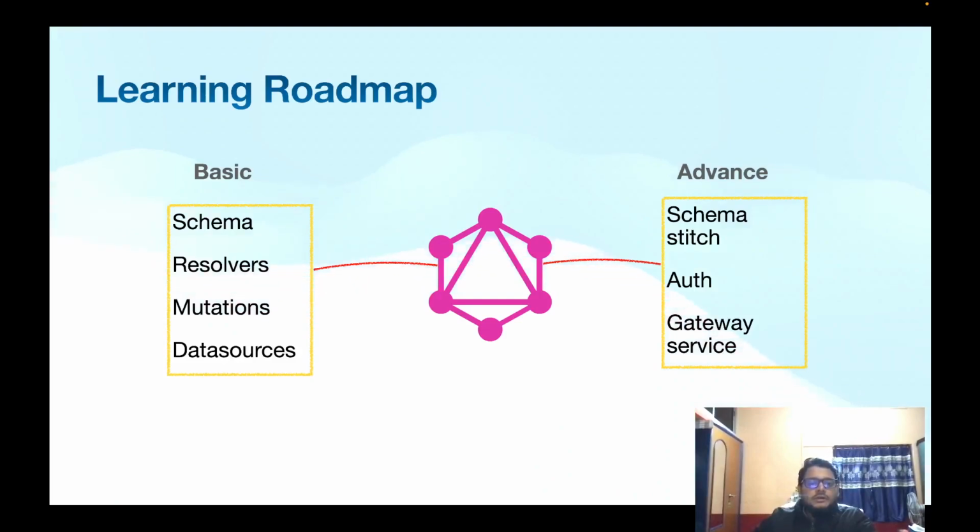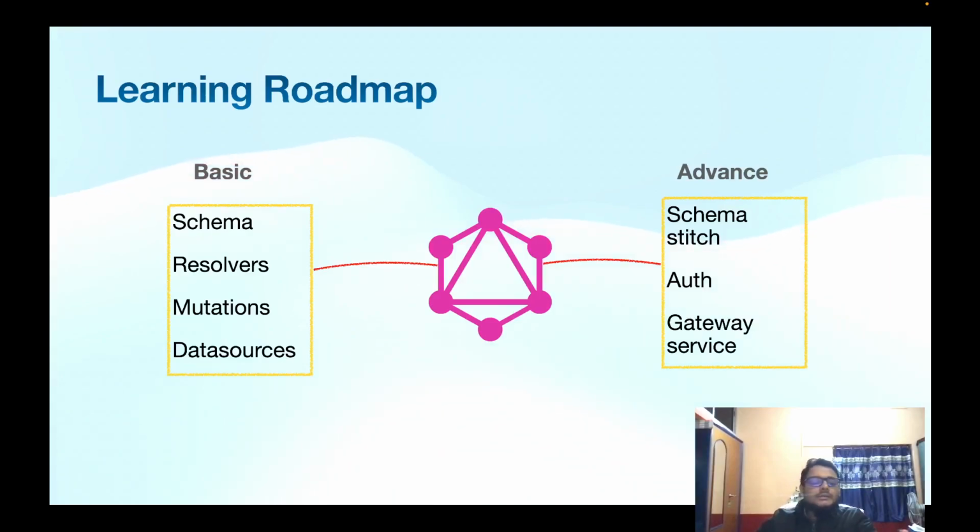If you want to learn GraphQL, you have two parts. You have basic parts: schema, resolver, mutation, and data source.